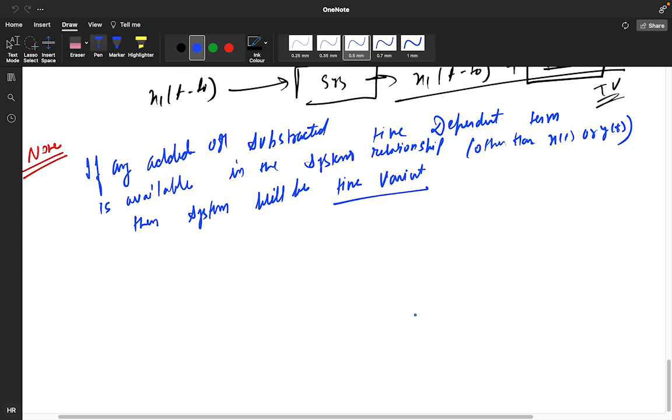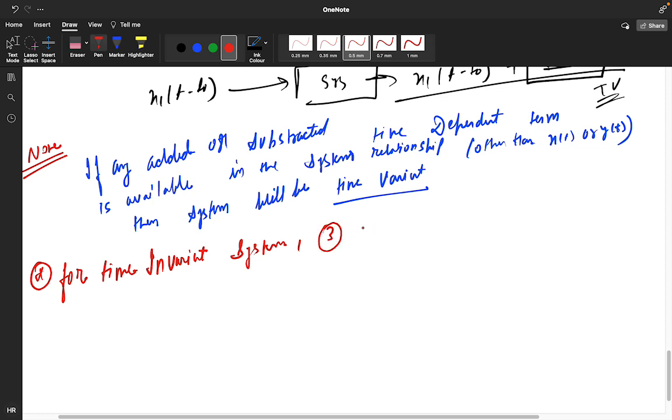For a time invariant system, three conditions should be satisfied. Write it down. What are the three conditions?